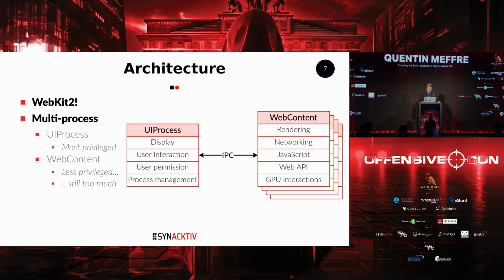It has less privilege, and it implements every sensitive operation. But even if it had less privilege, it still had too much privilege. For example, it could communicate with the GPU, or it also had access to a few network-related syscalls. And from an attacker point of view, it's not a good idea to have a surface like that.